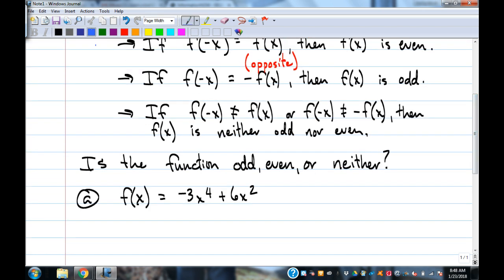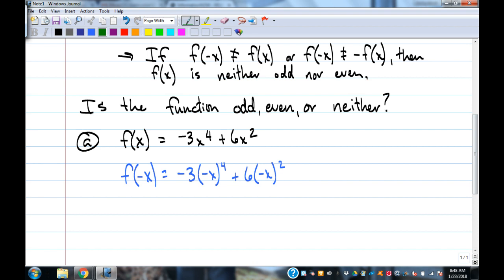Okay. So if we're testing for odd, even, or neither, then we're going to plug in negative x to the problem. So that's going to be negative 3, negative x to the fourth power, plus 6, negative x to the second power. We're plugging in negative x, and then we're simplifying.